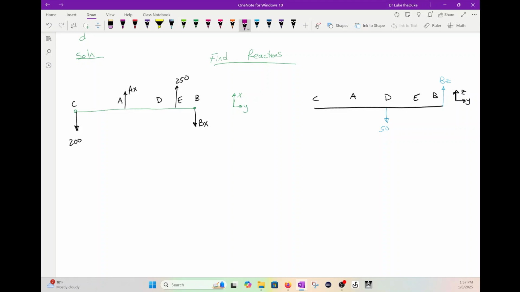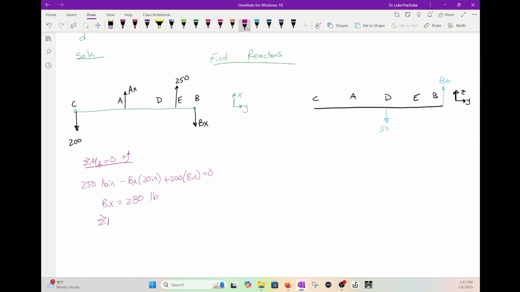Cool. So, again, sum the moments at A, set it equal to 0. Up is positive. Okay? 250 times 16 inches minus BX times 20 inches plus 200 times 8 inches equals 0. You get BX to be 280 pounds.